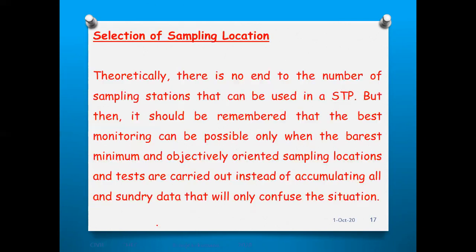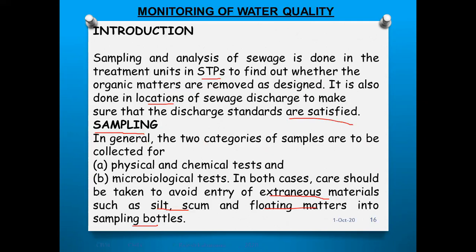Second, how the selection of sampling location is proceeded. In the sampling, already we have mentioned there are two types of sampling methods. How many types of water sampling are there? Two methods, we mentioned in the beginning. What are the two methods? One is a grab sample method and another one is a combined sample method, right?